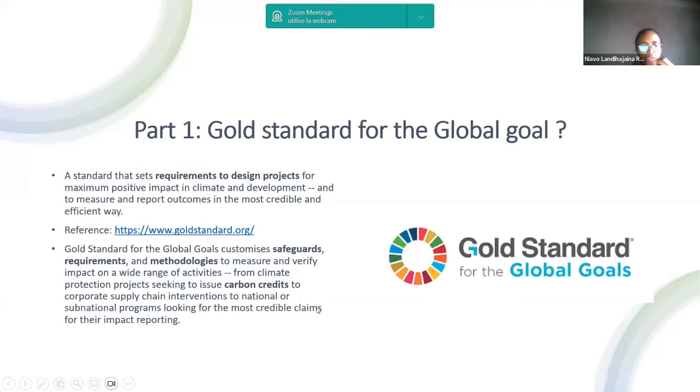The gold standard for the global goals customizes safeguard requirements and methodologies to measure and verify impact on a wide range of activities, from climate protection projects seeking to issue carbon credits to corporate supply chain interventions to national or subnational programs looking for the most credible claim for their impact reporting.